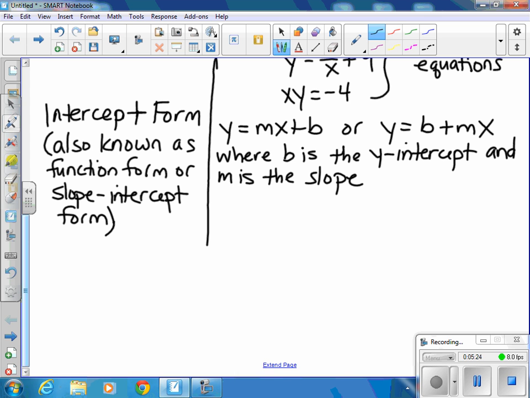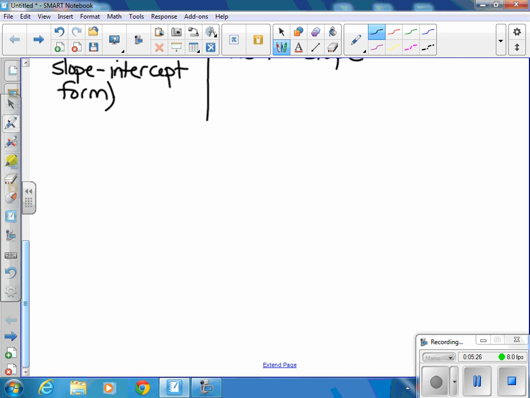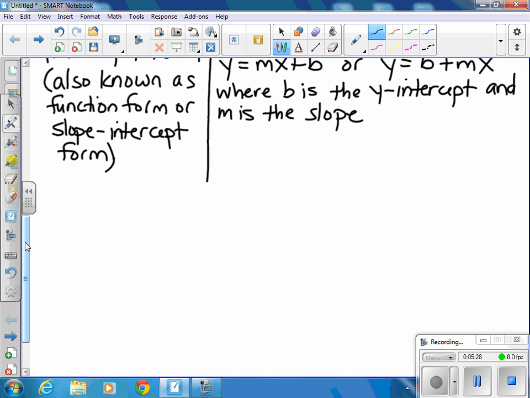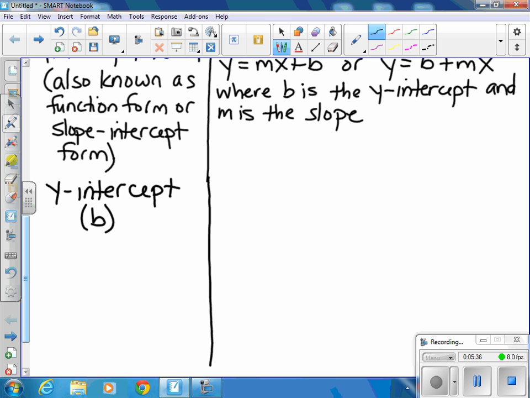Right? The next word we want to talk about are the pieces of intercept form, because you need to understand a little bit more about them. And the next one is the word y-intercept, which is the letter B in your formula. Okay, and you do need to memorize these formulas. Your formula sheet for the SOL test does not give them to you. There will be a lot more that we memorize in the upcoming months, but for right now, start with the one that you're going to be using over and over again.